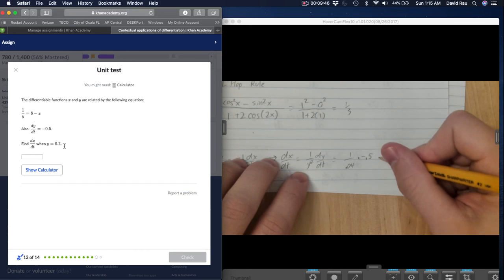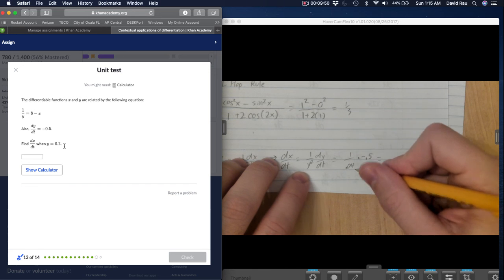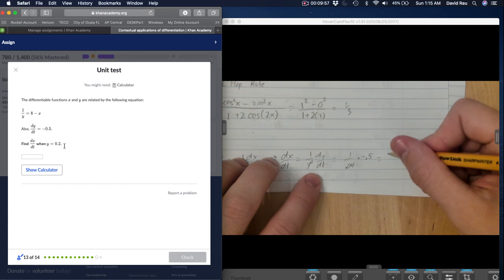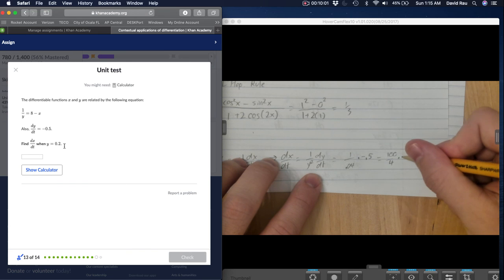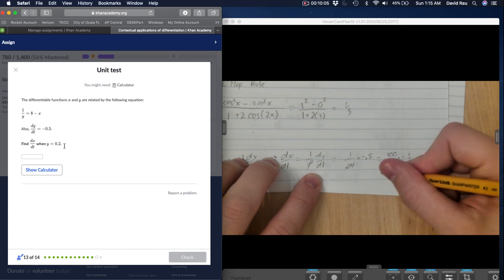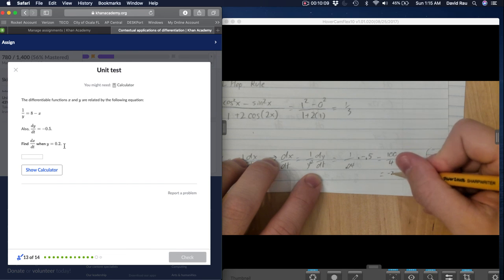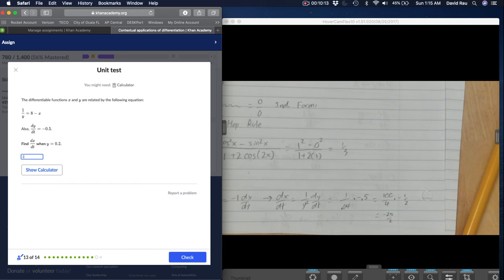Well, here's a fun thing to do for the sake of it. 0.04, notice this is in the hundredths place, so this is really 4 over 100, and since it's over 1, it's actually going to be flipped. It's going to be 100 over 4. And then negative 0.5, just remember, is negative 1/2. So it looks like this is going to be equal to negative 50 over 4, which is really negative 25 over 2. Gosh, I hope I'm right.